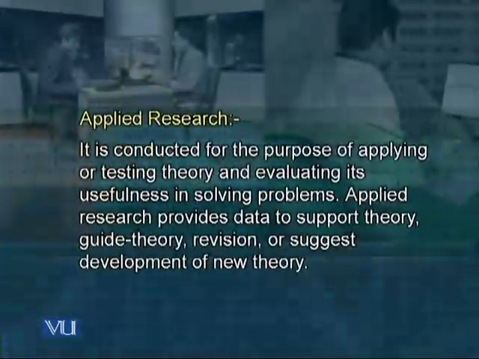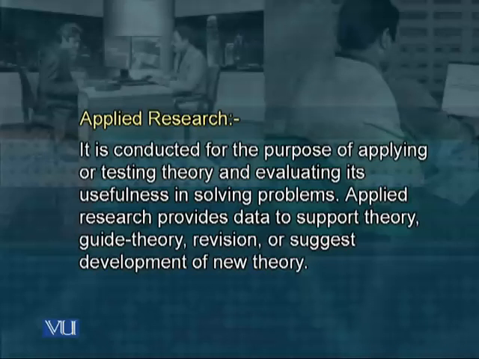Let's proceed further. Applied research provides data to support theory. Now remember, the first thing that it does is tell us whether it will be useful for the problems for which it has been propounded.